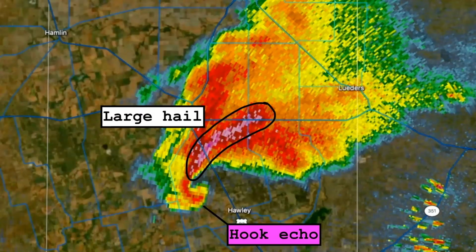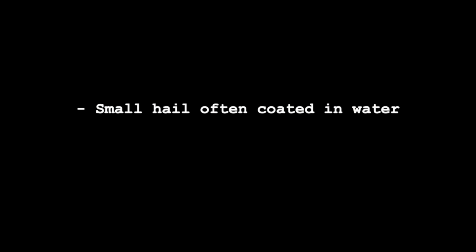In supercells, large hail is most often found just downstream of the mesocyclone and hook echo if one is present. Small hailstones, generally less than 1.5 to 2 centimeters in diameter, are often coated in lots of water and therefore return increased power back to the radar.